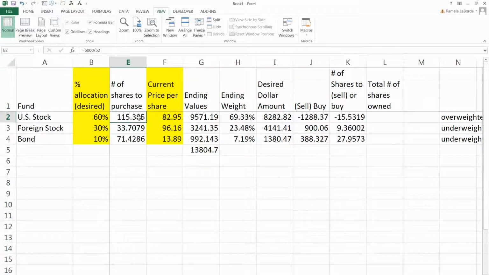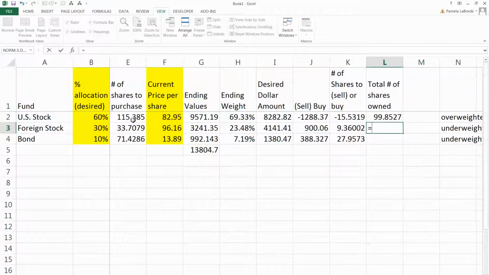Originally I bought 115 shares of the US stock fund, but now I've sold 15 of them. So to calculate the total number of shares owned, I'm going to take the amount that I originally purchased, this 115, and I'm going to add how many I bought or sold. Because this is actually a negative number, this 15.53, it's going to subtract it. So I'm going to end up with slightly less than 100 shares.